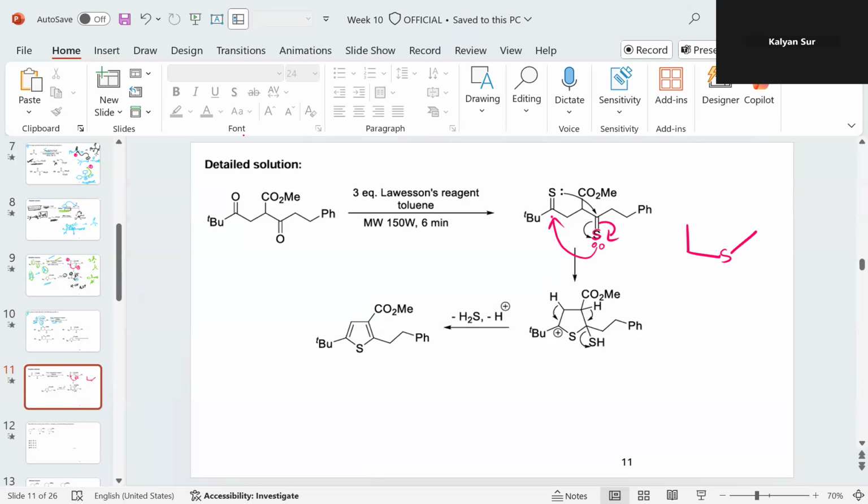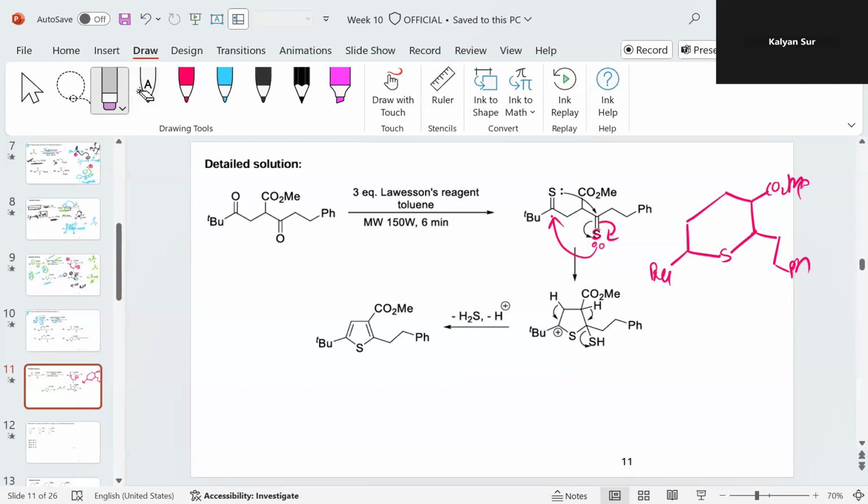Then it has the carbon, which has the CO2Me group and CH2Ph group. Further, it attacks on this carbonyl carbon, which has the butyl group attached, and this ester was in between. Right. So this is the product.